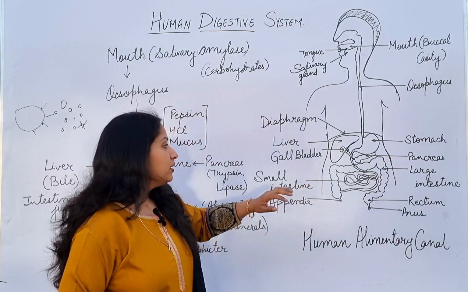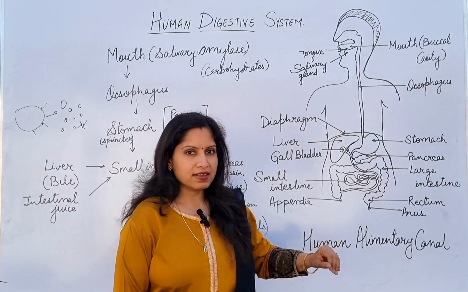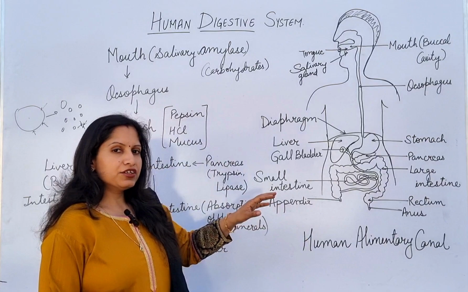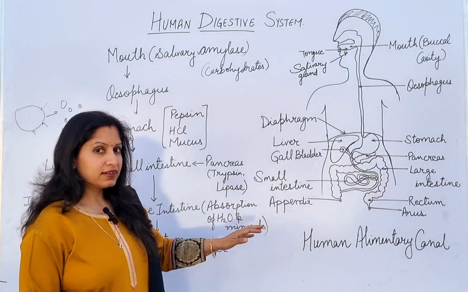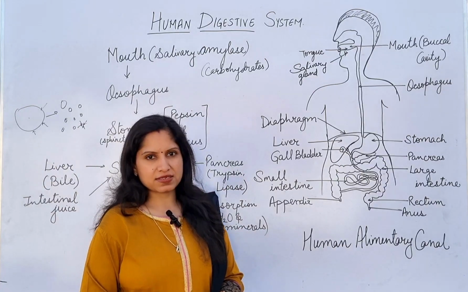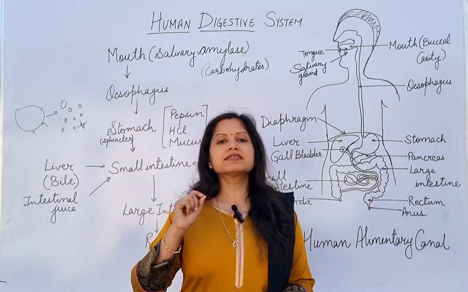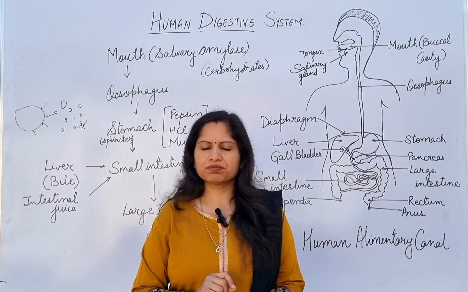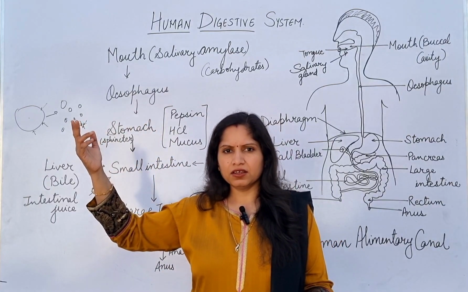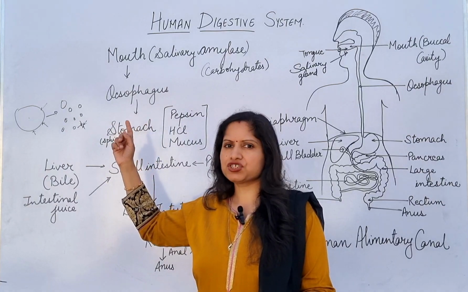Now, next, the functions of the pancreas. The pancreas is present just below the stomach, and its juice comes into the small intestine. This juice contains trypsin as well as lipase. Trypsin is there for the digestion of proteins. But you might say that in the stomach the protein digestion was completed, because pepsin was also there for digestion of proteins.